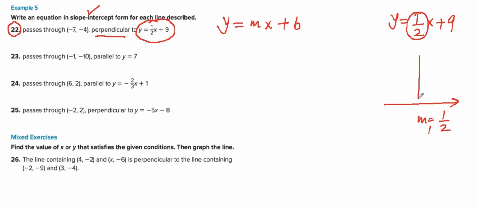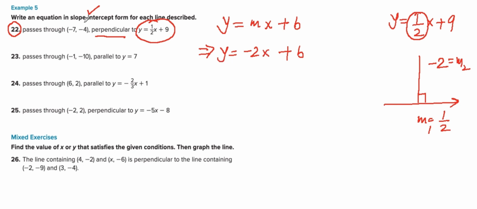So what is the slope of the perpendicular line? The slope of the perpendicular is the reciprocal of this, 2 over 1, and change the sign. It is a plus, it becomes minus. So the equation of the required line is y is equal to minus 2x plus b, because the slope of the perpendicular line is the reciprocal and change the sign.